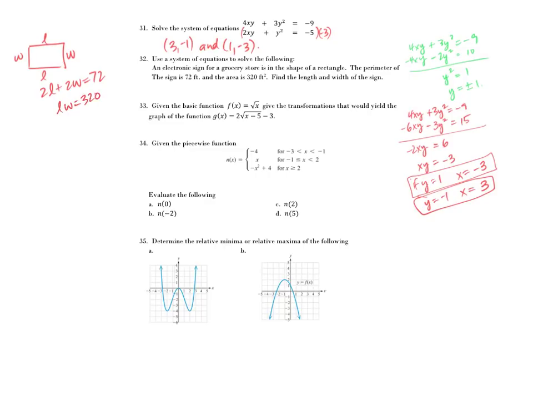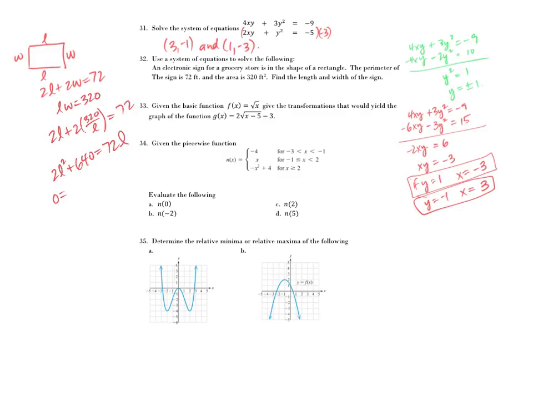So I can divide by L, say. So I'll get 2L plus 2 times W, which is 320 over L, equals 72. I can multiply everything through by L to simplify a little bit. So I get 2L squared plus, what's 320 times 2? 640, equals 72L. And then I have a quadratic.